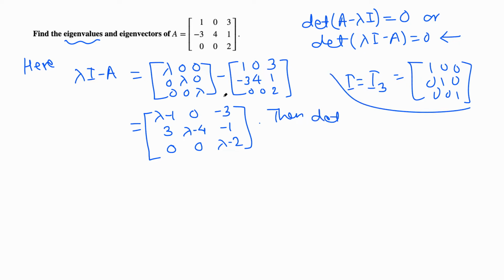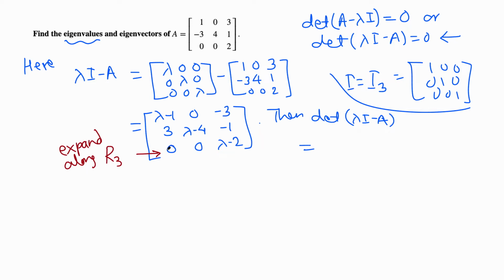The determinant of this lambda I minus A is equal to, now let's expand along the row 0 0 lambda minus 2, or we could expand along another. I'm going to expand along the third row, with signs positive, negative, positive.